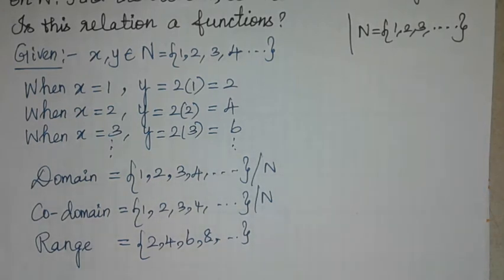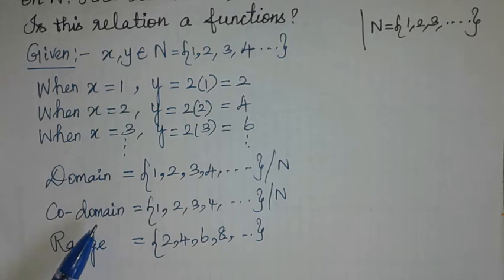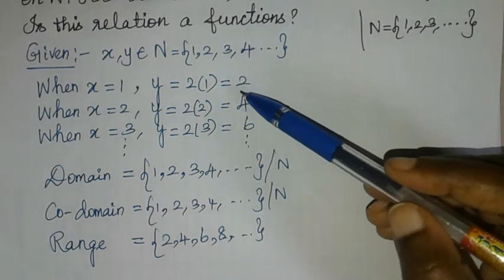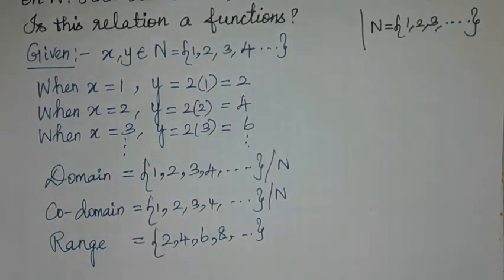Then we have to show whether this relation is a function. Let's see, here for each value of x we were getting only one value of y, a unique value of y. Therefore this relation is a function. How to conclude?